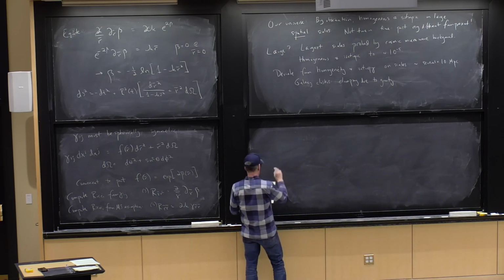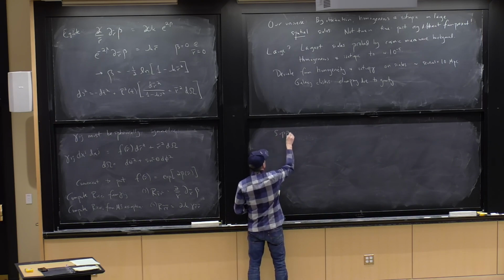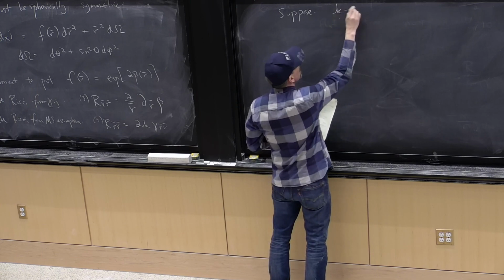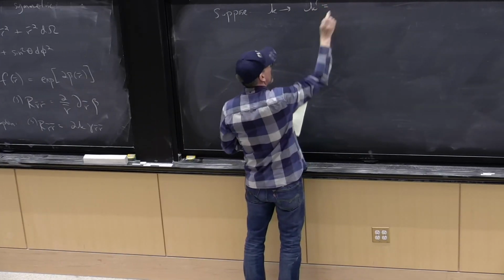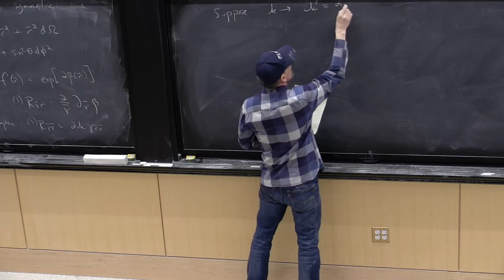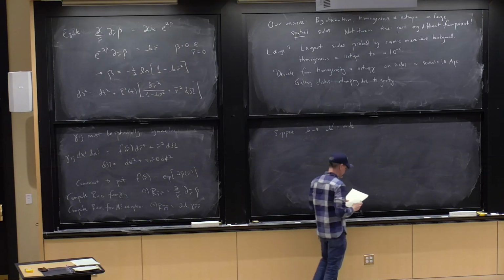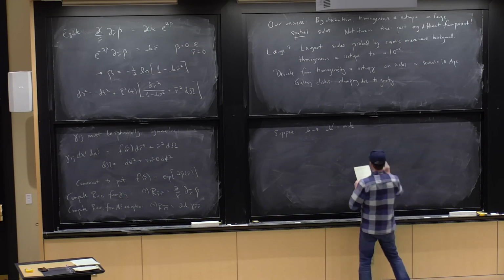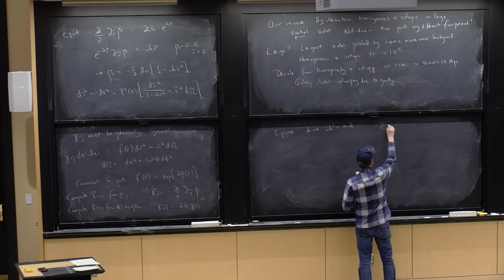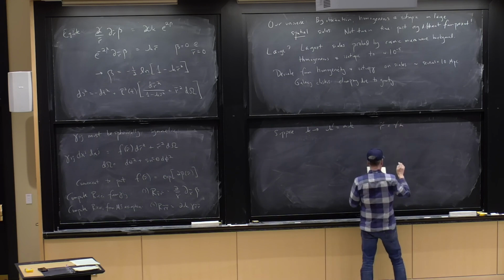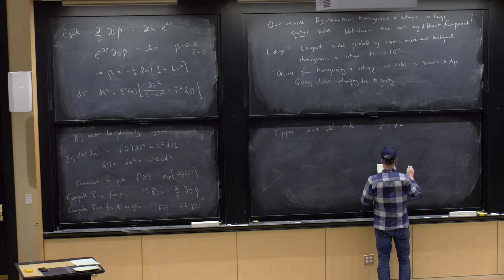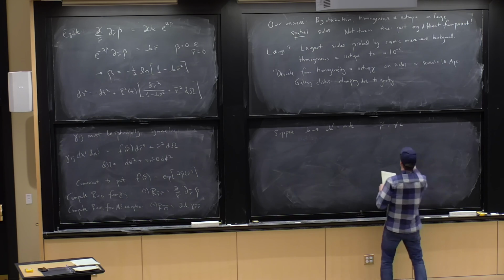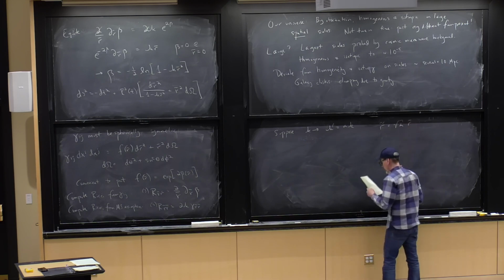Suppose I take K and I replace it with K prime equal to alpha K. But in doing so, I define R tilde to be square root of alpha times R bar.